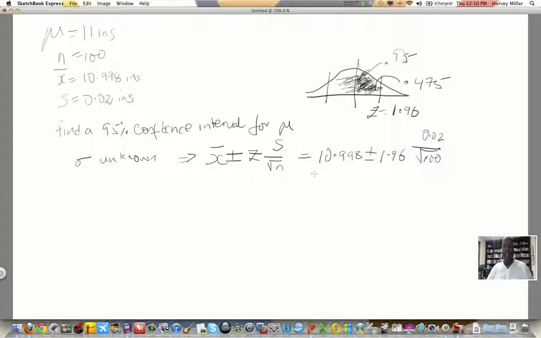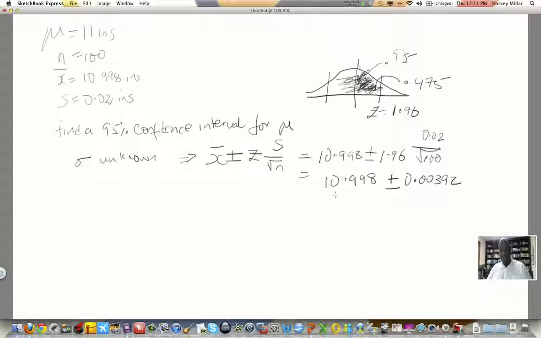So taking that information, if we multiply 1.96 by the standard error, then our confidence interval will be 10.998 plus or minus, and when we do the computation, it's 0.00392. All right.